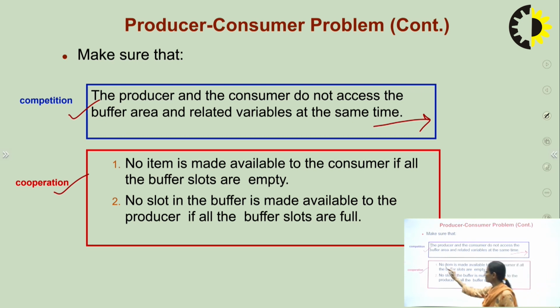In this case we require cooperation between producer and consumer. In the first case, when there is a competition between the producer and the consumer for the same shared buffer, we need a mechanism with the help of which only one process should be active in the buffer.